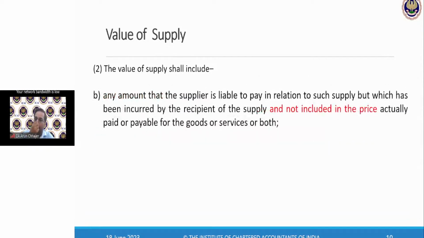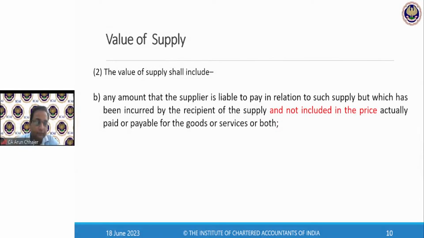Now let's move to clause B; clause A is completed. Any amount that the supplier is liable to pay in relation to the supply, but which has been incurred by the recipient and not included in the price.